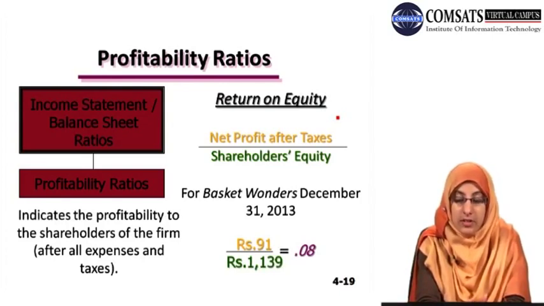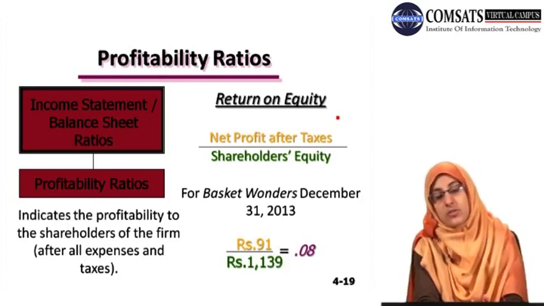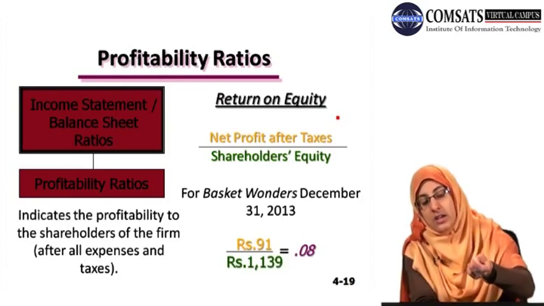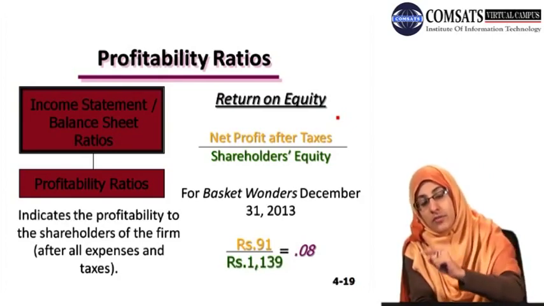The formula for net return on equity is net profit after taxes over shareholders' equity. That means we look at the percentage of your net profit per unit of investment.